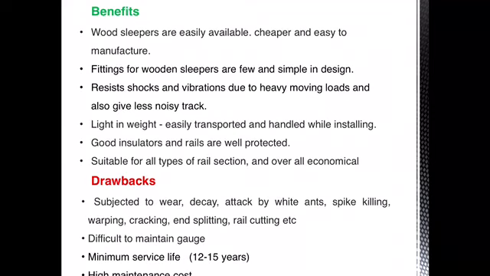But the drawbacks are here. As I already told you, it is subjected to wear and decay, and attacked by vermin. Warping stresses will be developed. The wooden sleepers can be subject to cracks, splitting can occur, and rail cuttings at the edges can happen. Also there will be certain difficulties maintaining the gauge in the case of wooden sleepers, and the track will get easily disturbed under the moving load.